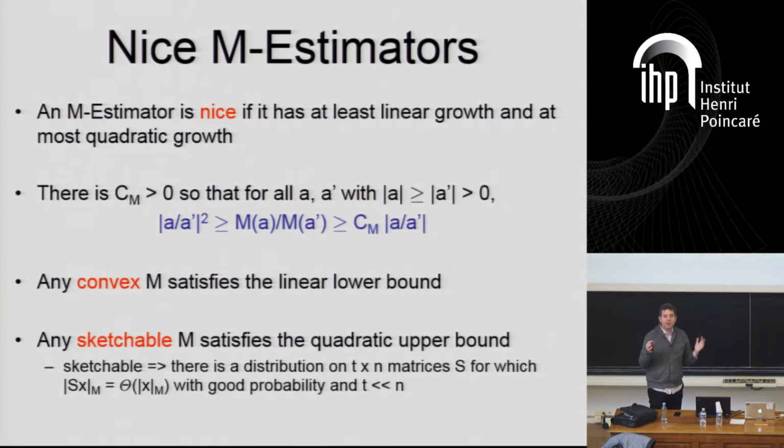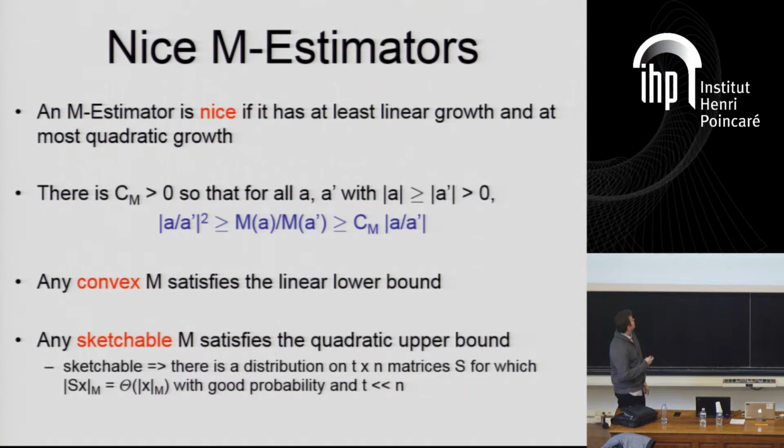And you really need the quadratic growth upper bound for this to hold. For instance, if your M function were x cubed, then you wouldn't have such small matrices S. In that case, the number of rows would need to be at least n to the 1/3. And we really want to squash the problem down to a problem independent or only polylogarithmic in this large dimension n.